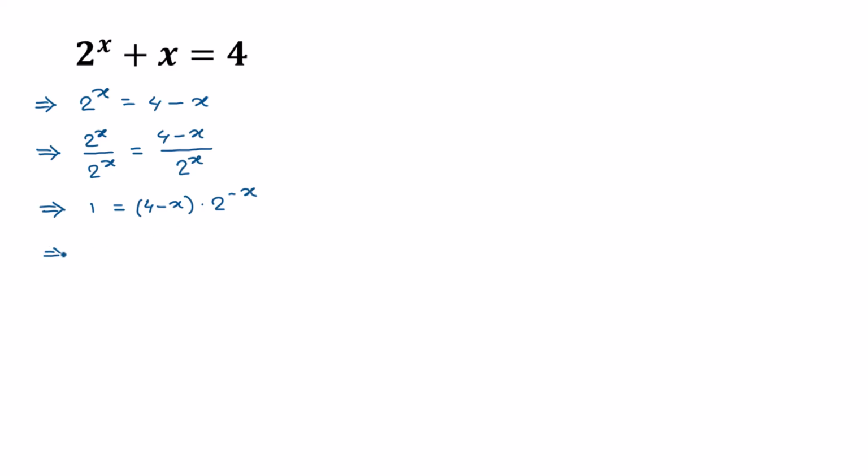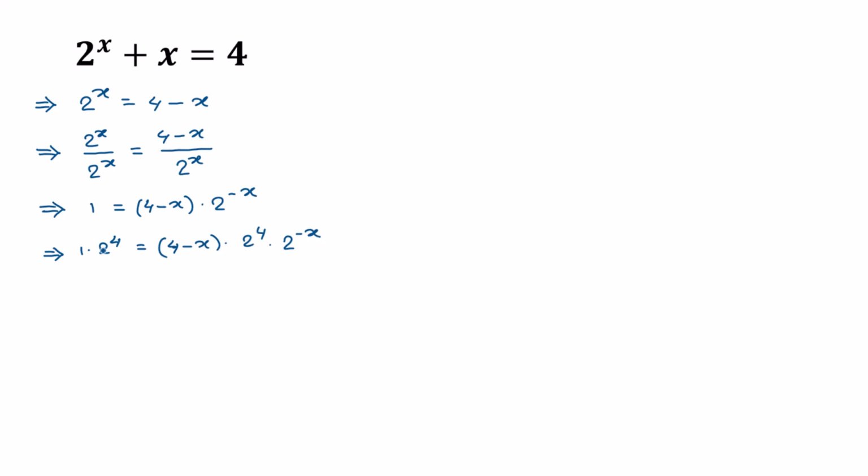To make 4 minus x the power, we have to multiply both sides by 2 to the power 4. So multiplying both sides by 2 to the power 4, we can write 1 times 2 to the power 4 is equal to 4 minus x times 2 to the power 4 times 2 to the power negative x.